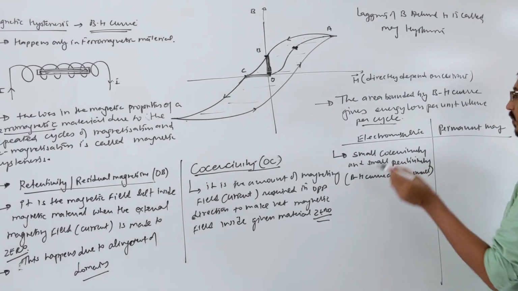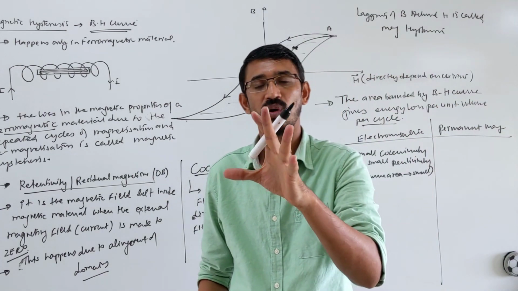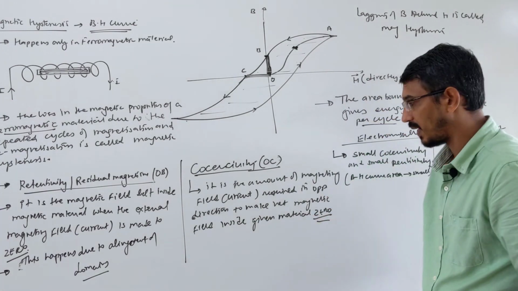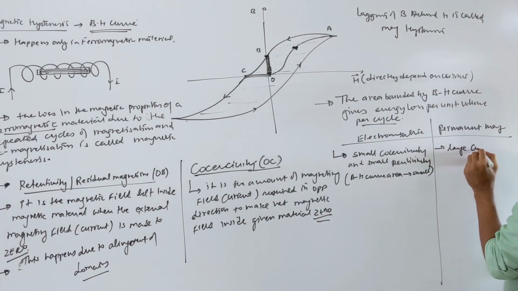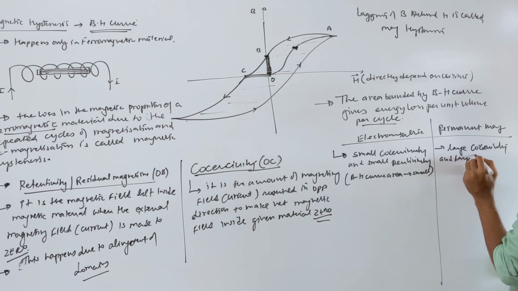Opposite here, you want to make a permanent magnet. A permanent magnet is something we magnetize once, and for a long time we don't need to demagnetize or magnetize it again, right? So the number of cycles is very small. We need large coercivity and large retentivity also.